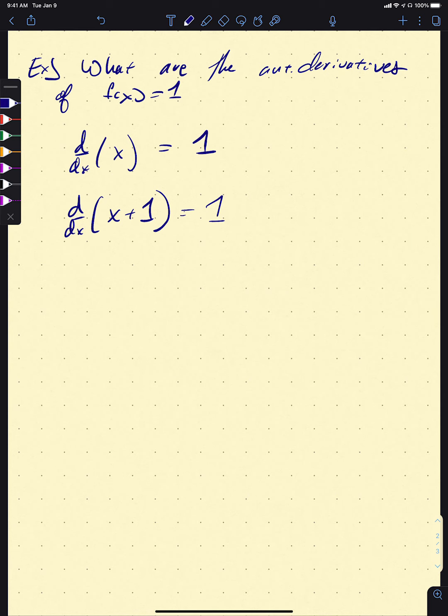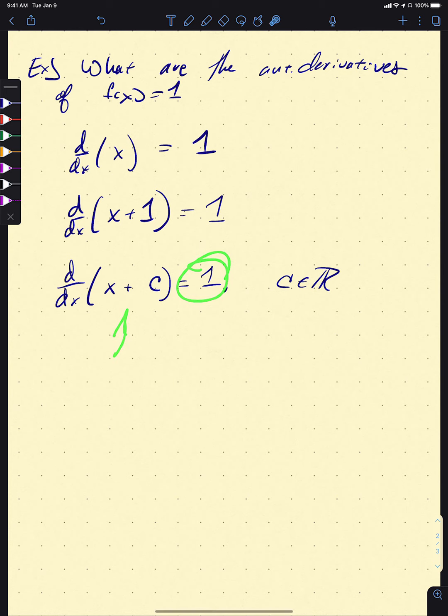In fact, we can take the derivative of anything that looks like x plus c, which equals 1 for any real number c. C is any real number. If I add it to the end of this function, we're going to get 1.